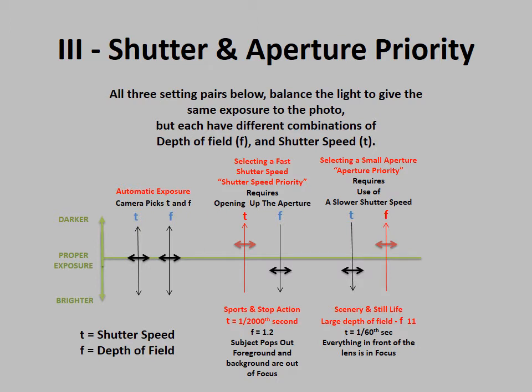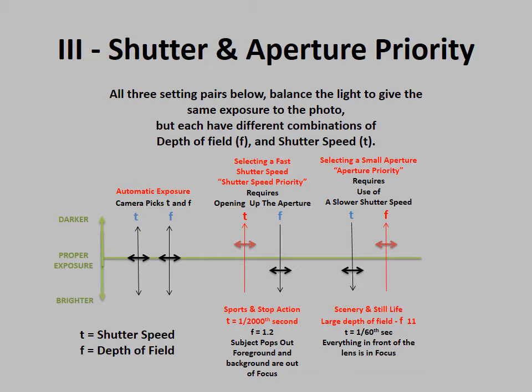You will notice that in some pictures, like in football and soccer, the subject is in focus, everything behind him is out of focus, everything in front of him is out of focus, or her.